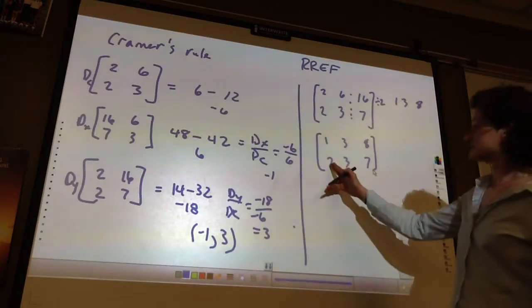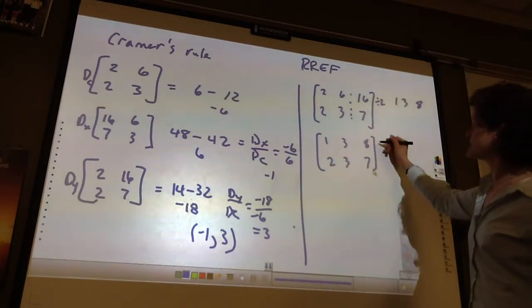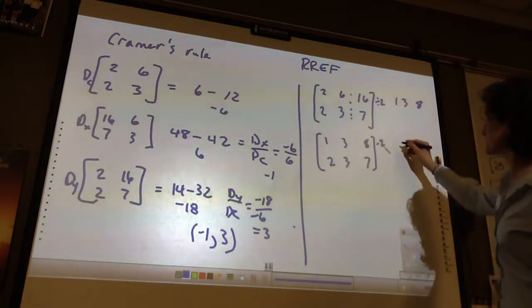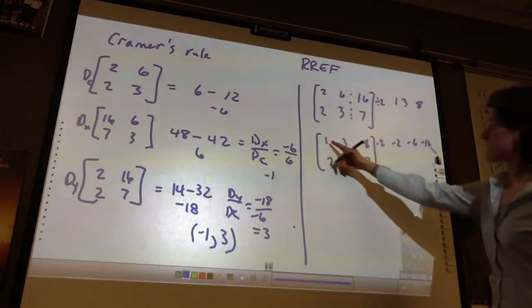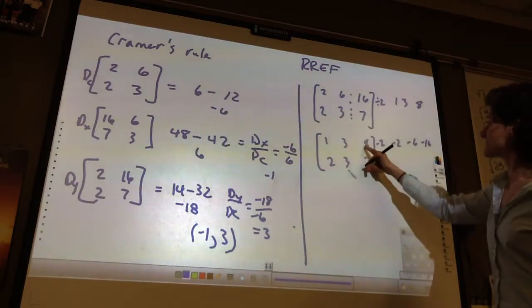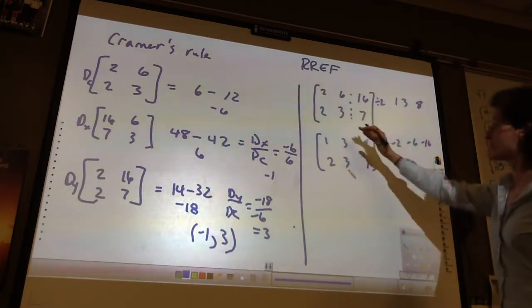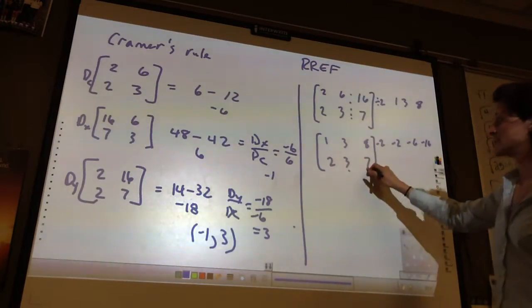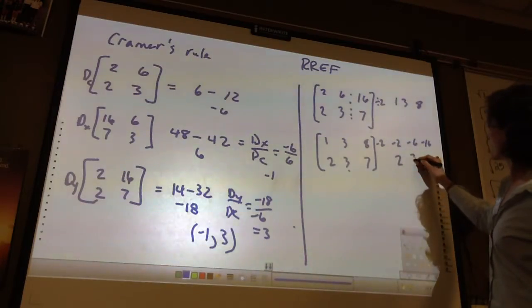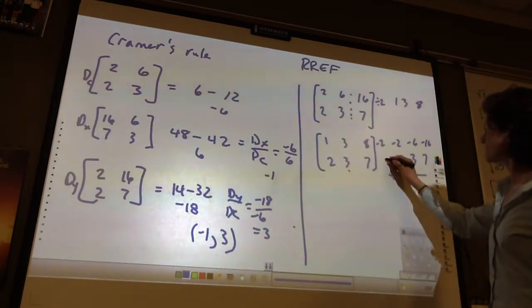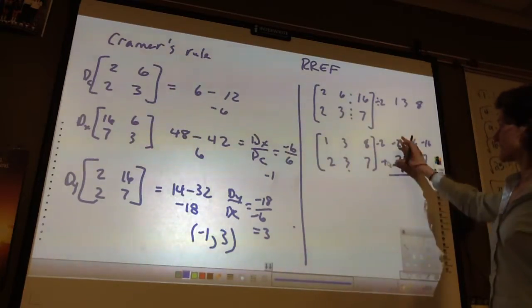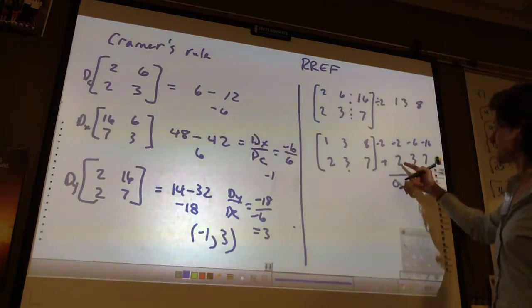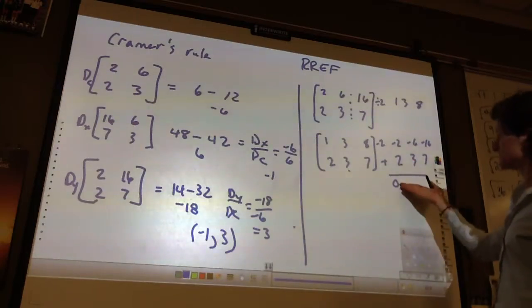Now, I want a 0 in this spot. So I'm going to multiply the top row by negative 2. Negative 2, negative 6, and negative 16. And then I'm going to simply add that to row 2. And why would I do something foolish like that? So that I could get a 0 in the first spot. Negative 2 and positive 2 is 0.